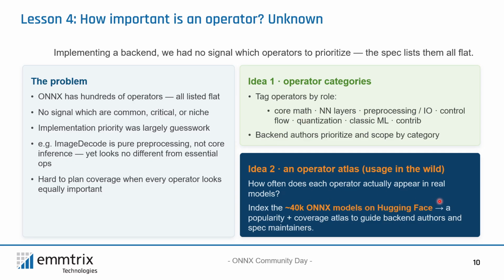On Hugging Face, I think there are around 40,000 ONNX models available, so we can analyze them and then provide what operators are used in the wild, and with which data type. So then you can just support the ones that are mostly used.